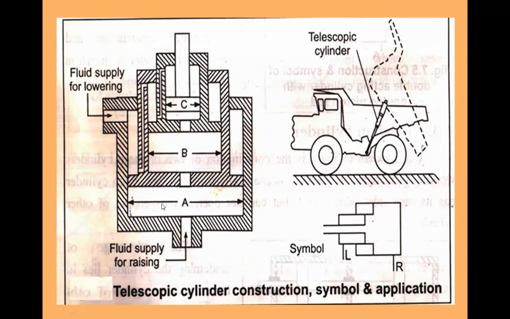Inside that, B is mounted, which means the diameter of A is larger than B. Then inside this B, you can take cylinder C. That means the diameter of B is greater than C.